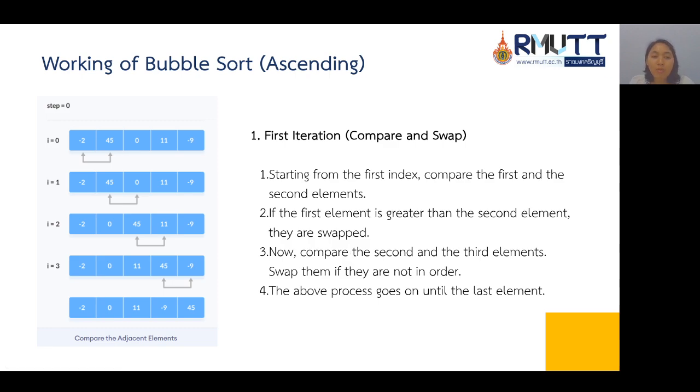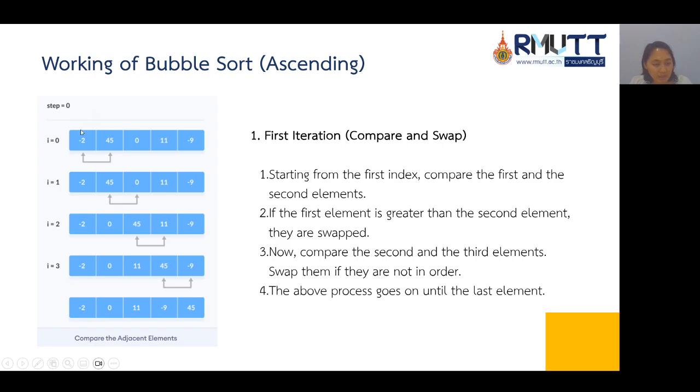And then this is the working of bubble sort in ascending order. For step 0, this is the first iteration for compare and swap. Starting from the first index, compare the first and the second element. If the first element is greater than the second element, then they are swapped.